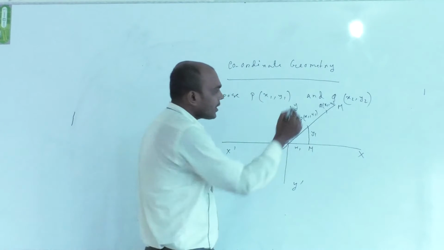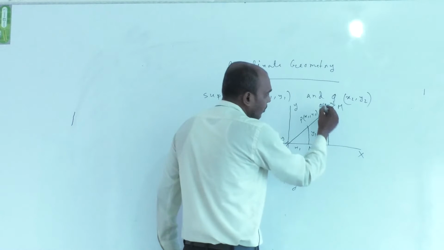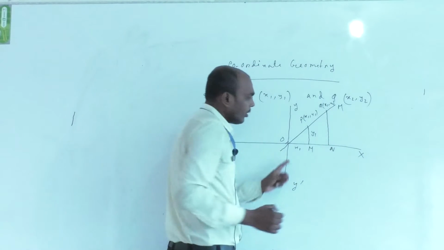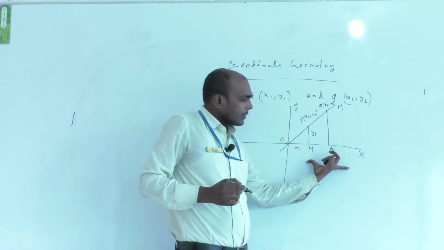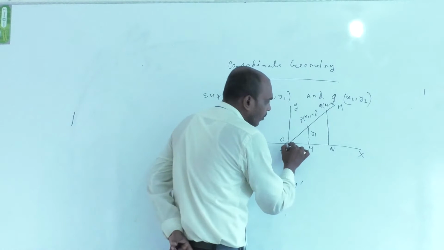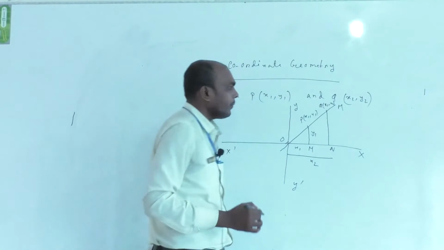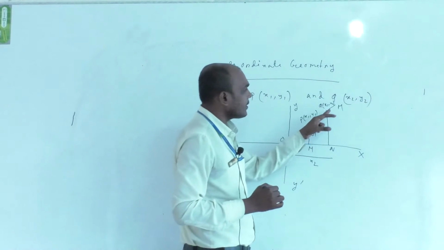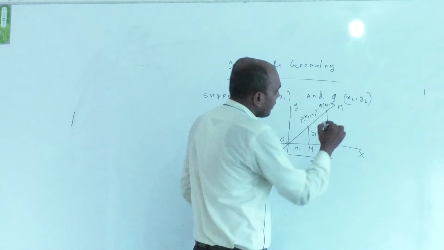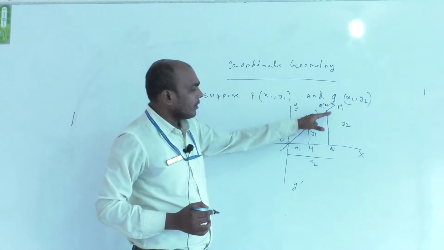Similarly, we draw a perpendicular line QN on the OX axis. The distance from O to N is x2, and the distance QN is y2. This is the coordinate.